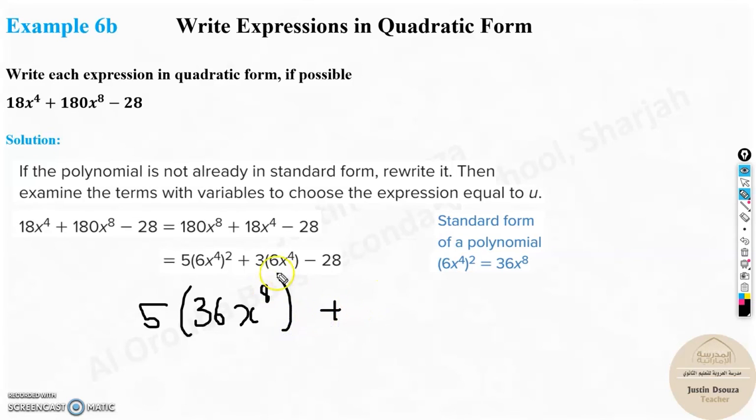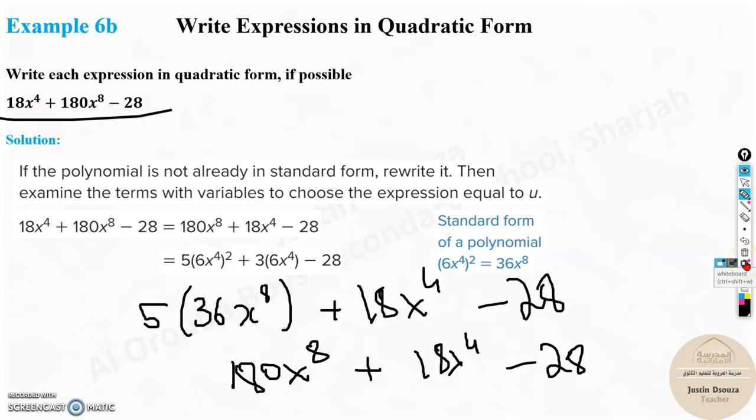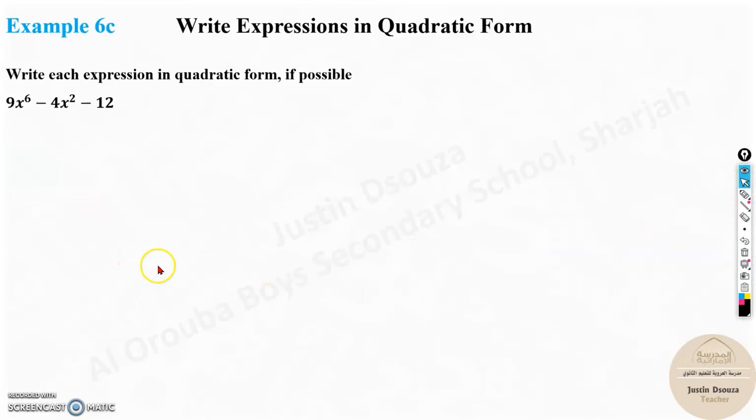And over here, it will be 18x to the power 4 minus 28. And 5 times 36 is 180, x to the power 8 plus 18x to the power 4 minus 28. This is the given question. It's just not written in the same form, the terms are swapped a little bit. So now this is basically the answer. I hope that is clear. That is the quadratic form.